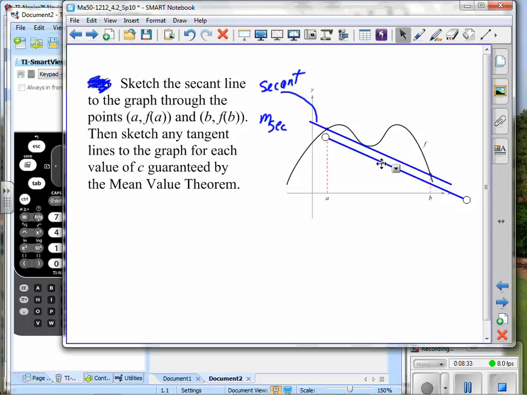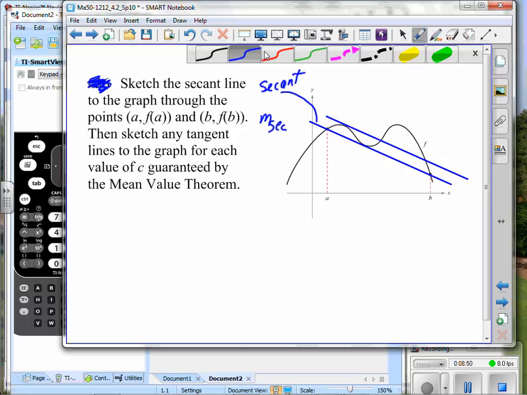If I clone that, can I move it parallel to it and make it a tangent? Yeah. This point right here is a point where the tangent to the curve would have the same slope as the secant connecting the endpoints.